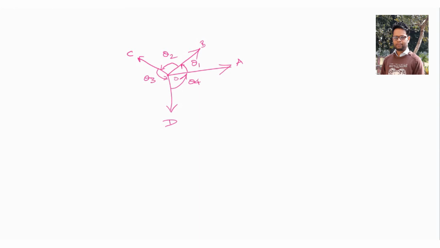The sum of the angles around a point is always 360 degrees. This is a very important point. The sum of the angles around a point is always 360.